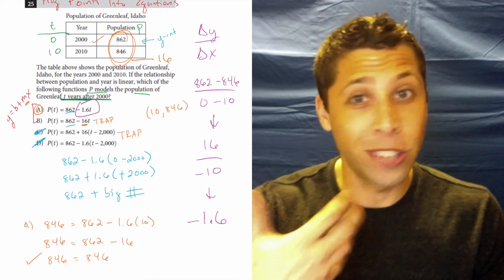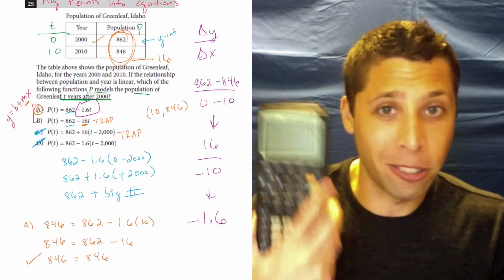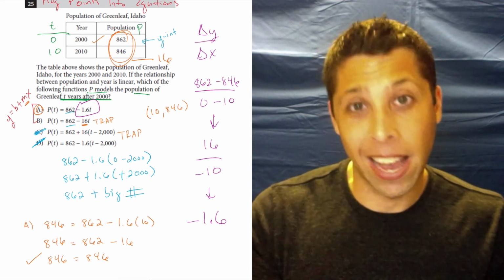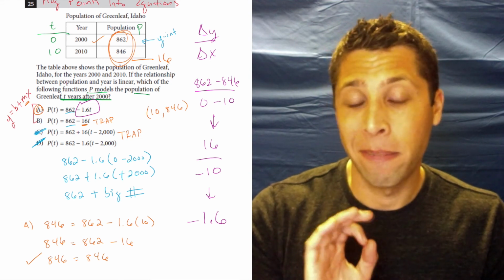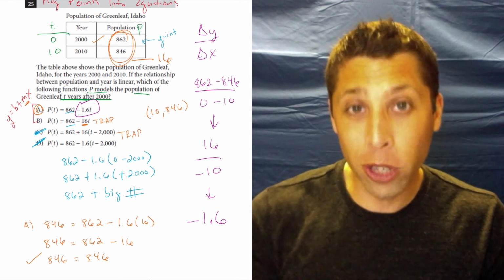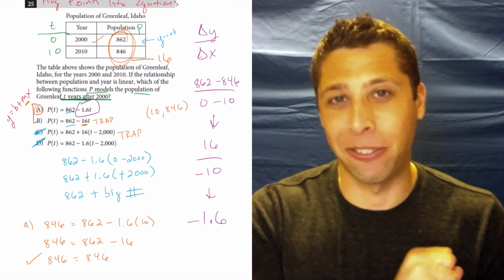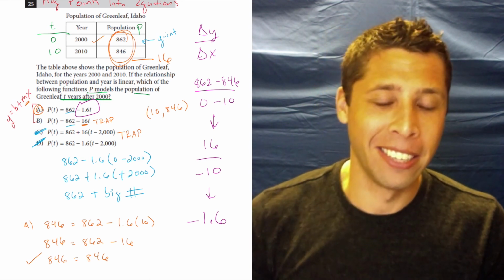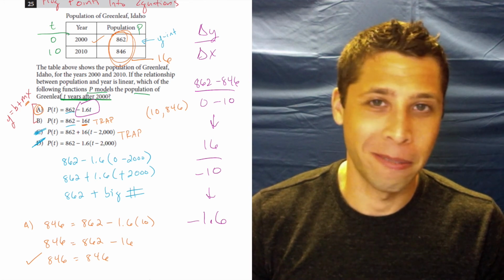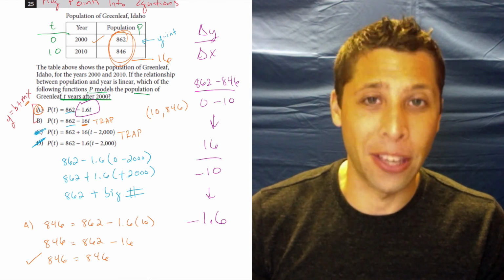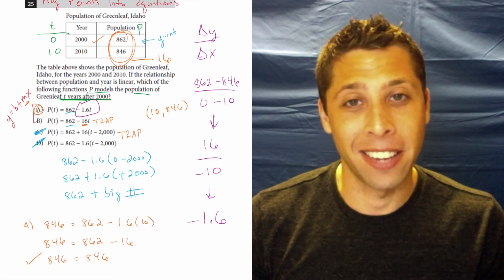I don't need to understand what's happening. The calculator does the understanding for me. And I think that that's a good mentality to have. You should understand all the other stuff, but you should always try not to have to. Do it the easy way. Be lazy and just try to use numbers as much as you can. I think in the long run, you'll make fewer careless mistakes and get a better score.